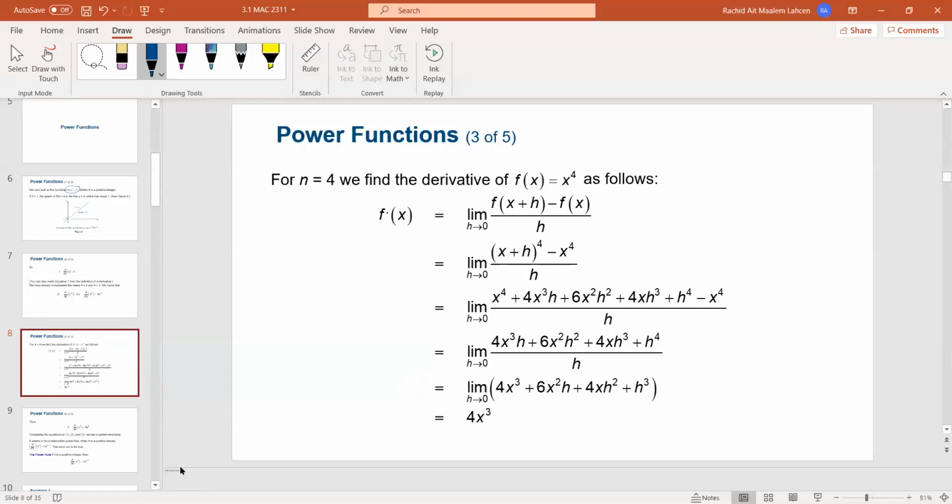You'll take the x to the 4th, x plus h, and f of x and h, and you just break it apart. And when you simplify, you cancel the h. You'll find that derivative to be 4x to the 3rd, which gives you that pattern of the 4 coming to the front, and this minus 1 becomes the exponent.